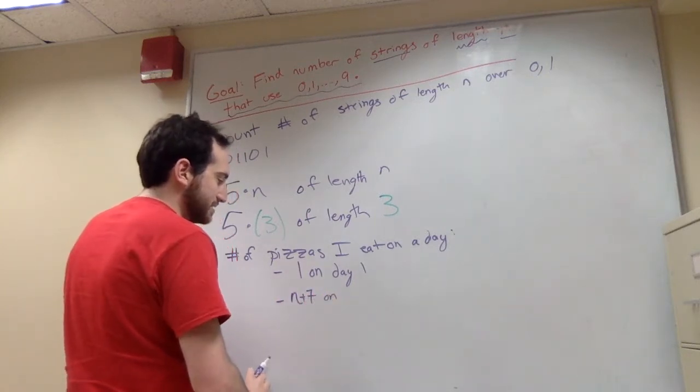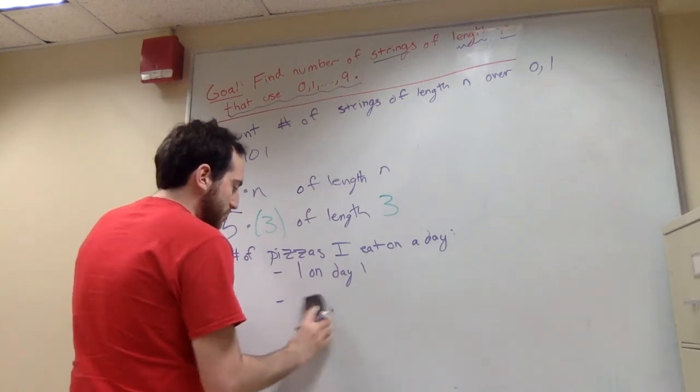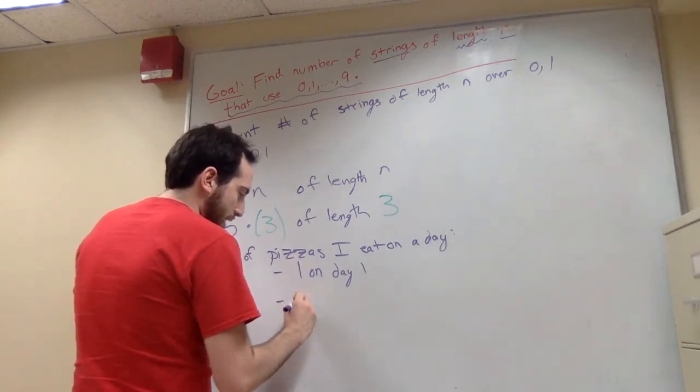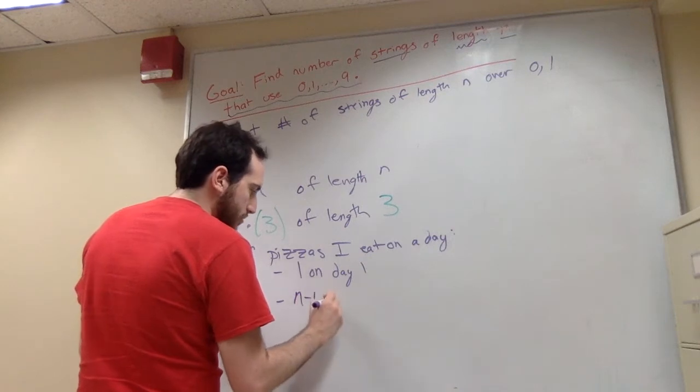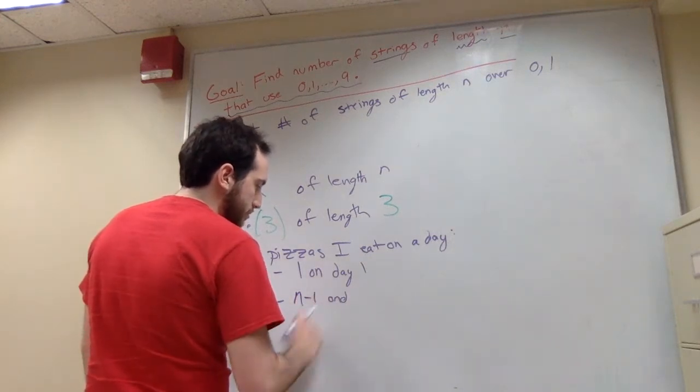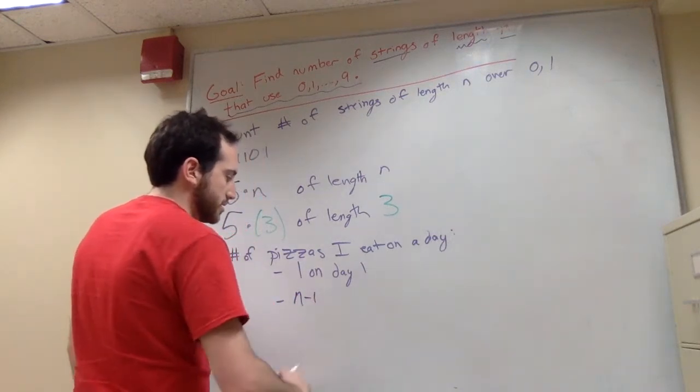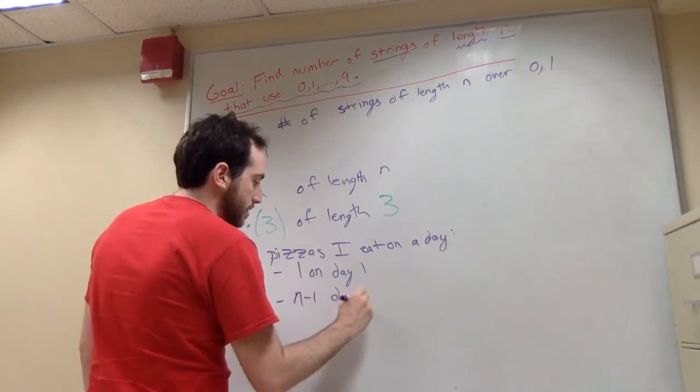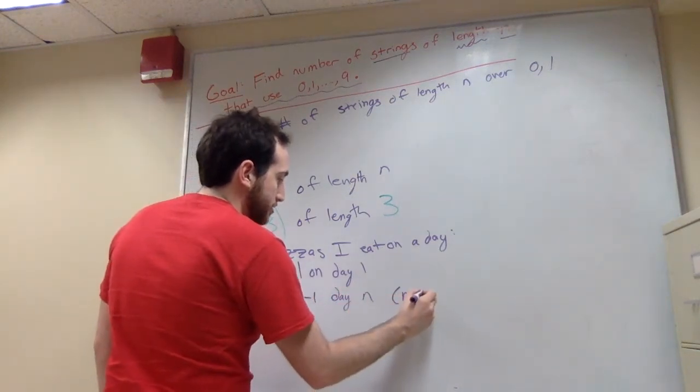No, that's a lot of pizzas. Let's not do n plus 7. I'm watching my figure. Let's do n minus 1 on day n, where n is greater than 1.